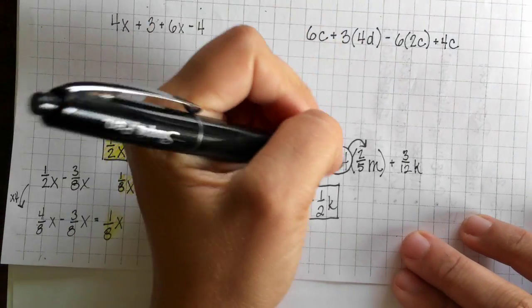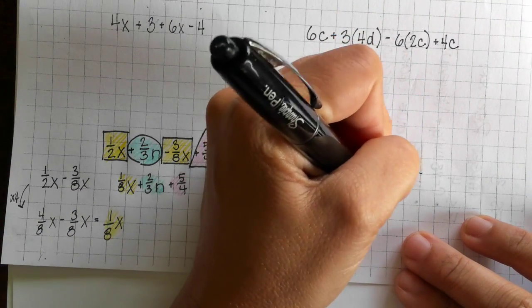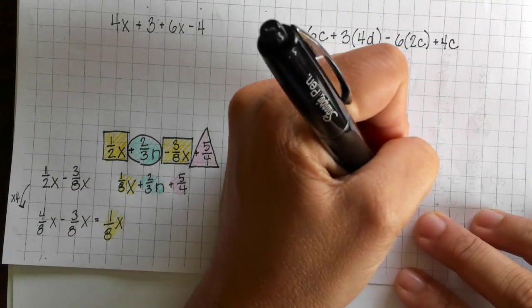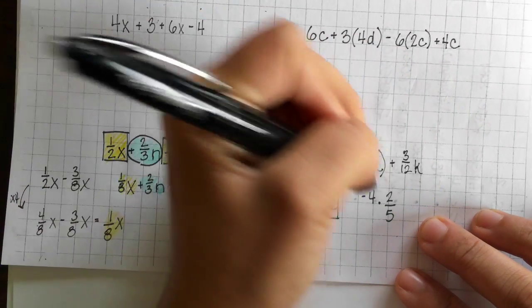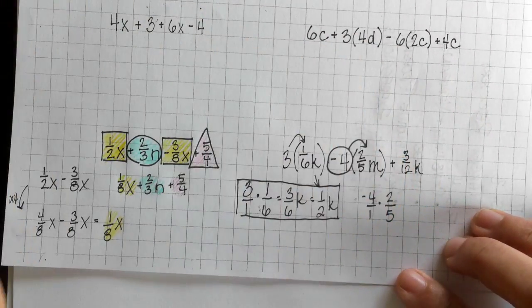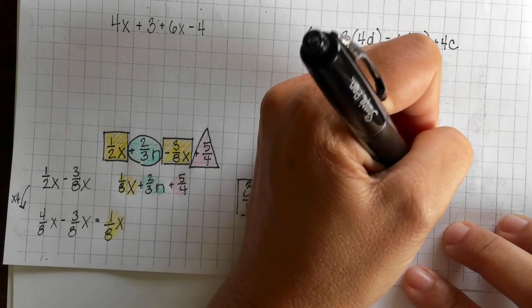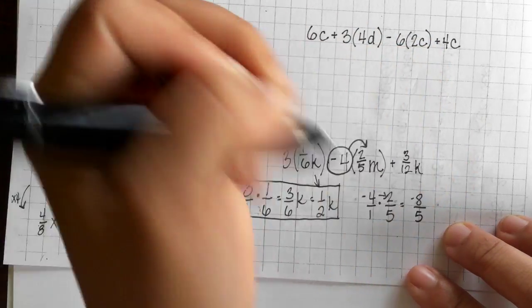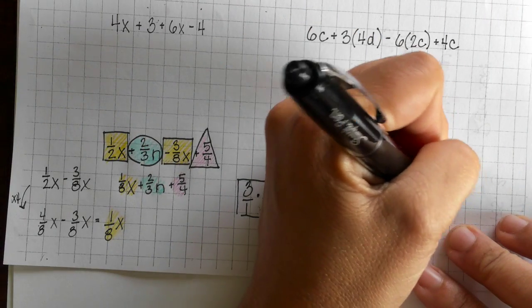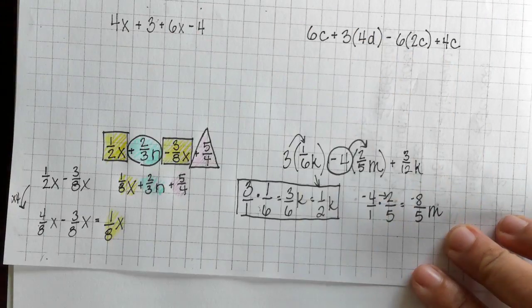Now I'm going to do the second piece here, and I've got -4 times 2/5. And so it's -4 over 1, and then multiply straight across. -4 times 2 is -8 over 5. I cannot simplify that. It's -8 over 5m.